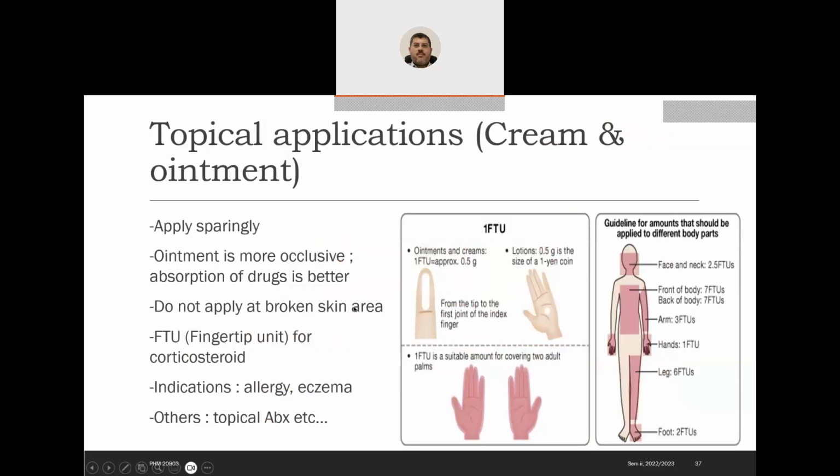This is usually sufficient to rub over an area of skin equal to double the adult palm. So if you take this dose, it is enough to rub over an area equal to 2 adult palms.